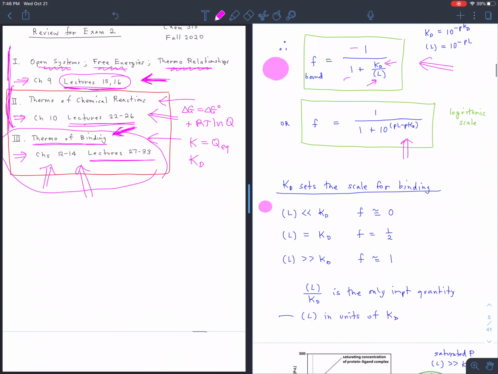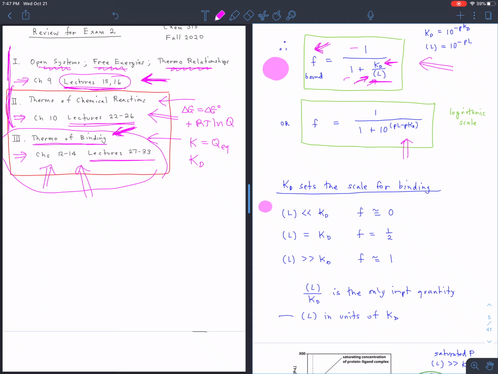What this relationship shows is that the tendency to load up our protein with a ligand, and therefore get a large fraction bound, is controlled by the value of Kd. The range of ligand concentrations over which the protein will load up is controlled by the value of Kd.